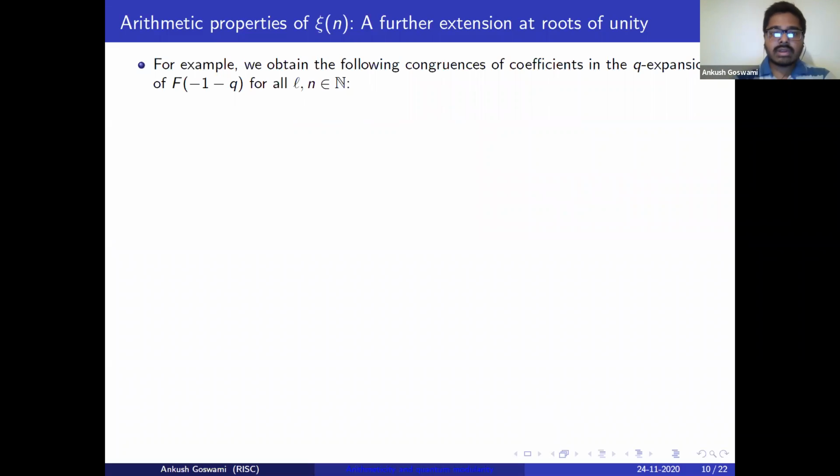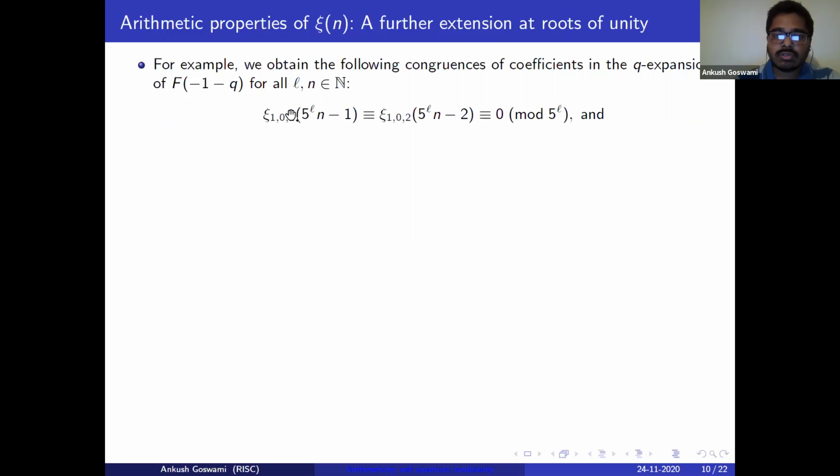So for example, if you now take N equals 2, this corresponds to the second root of unity, and this corresponds to the function f of minus 1 minus q. Then for all natural numbers l and n, you will have these congruences.